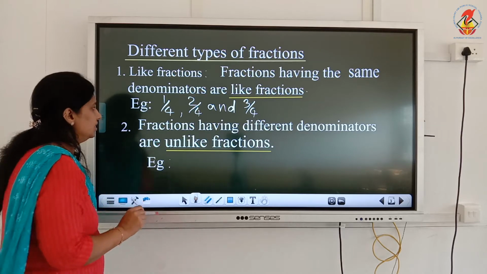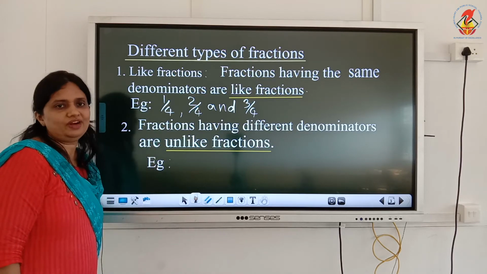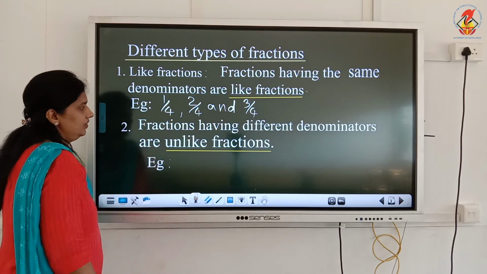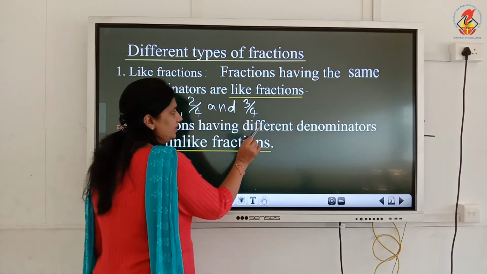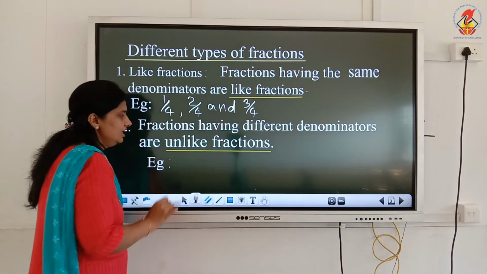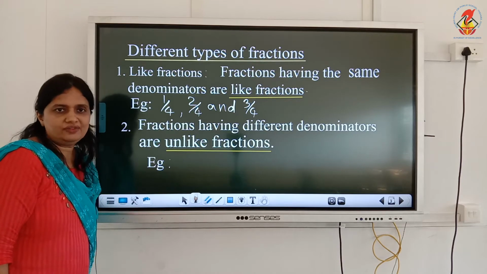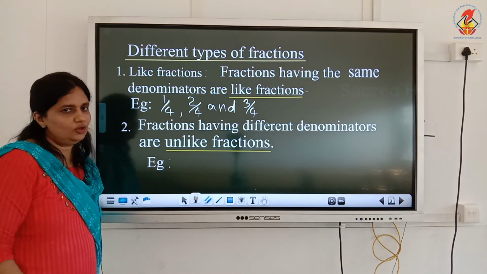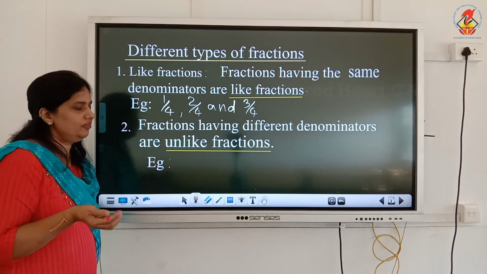Like fractions. The next one is unlike fractions, right? What are unlike fractions? Fractions having different denominators are called what? Unlike fractions. Denominators are the below part of the fractions, right?